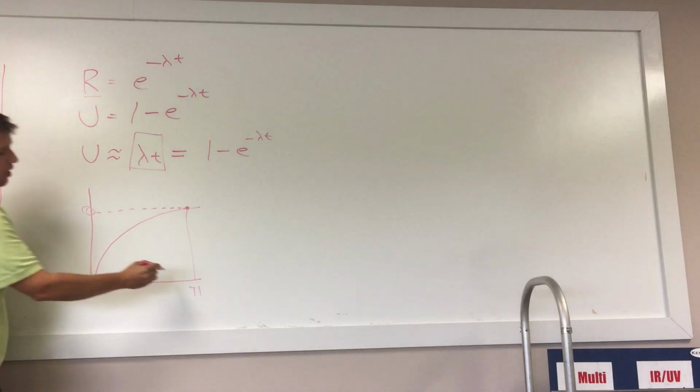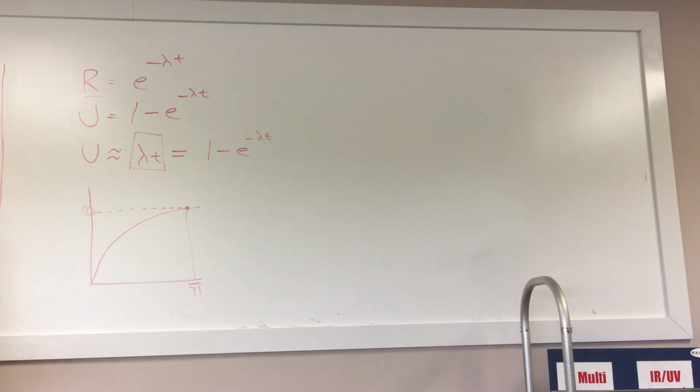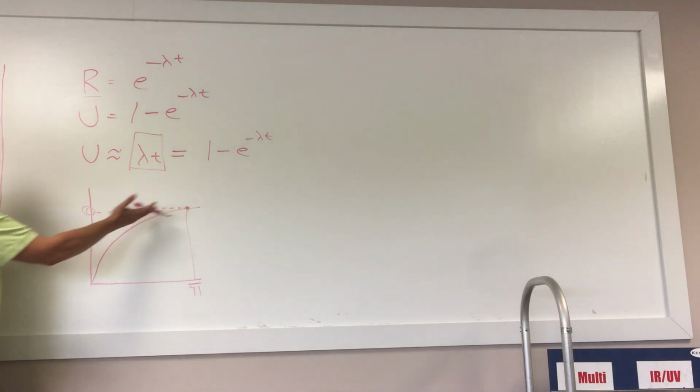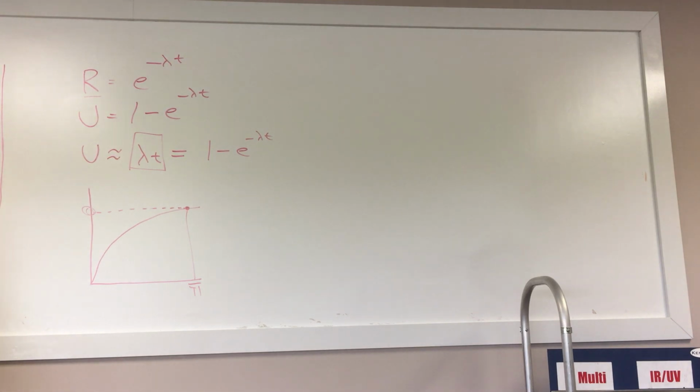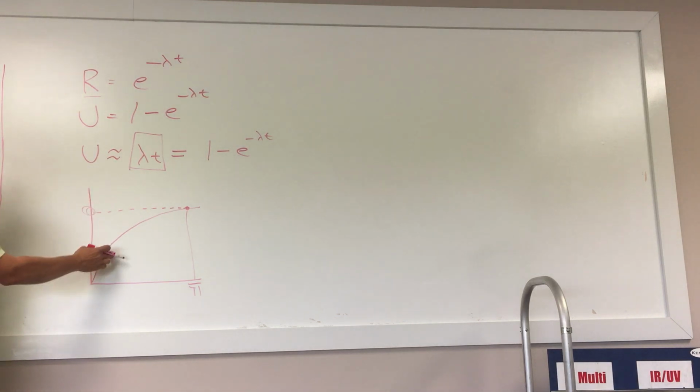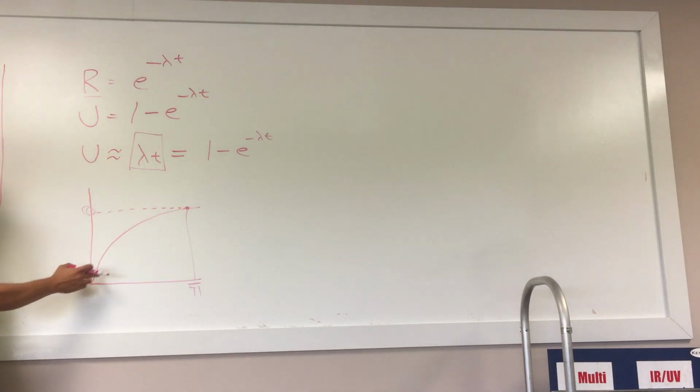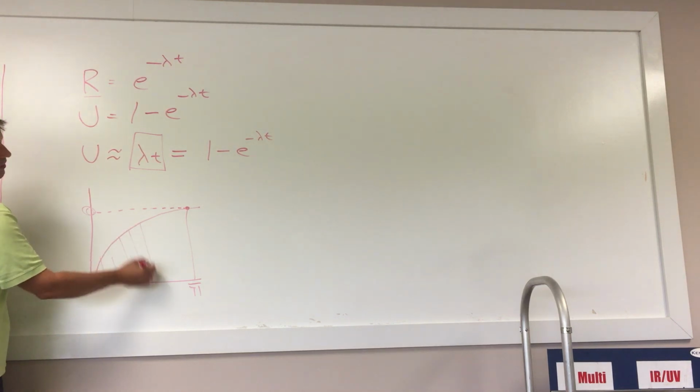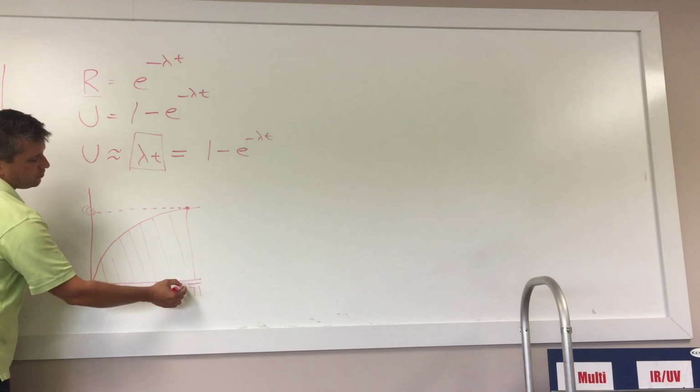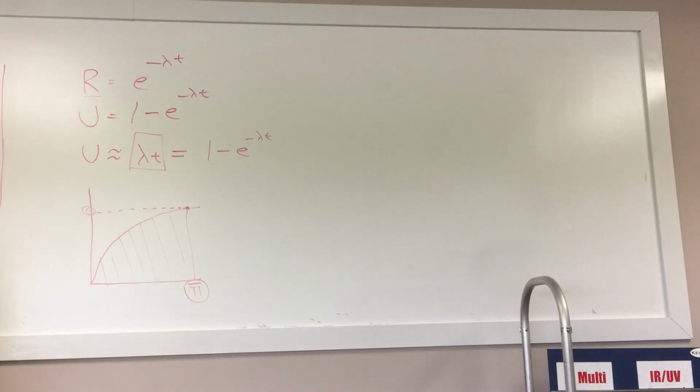I want to know what the average unreliability is over this entire duration. So in order to figure that out, we're going to have to do a little bit of calculus. If I want to know the average, then I need to calculate the area under this curve, and I need to divide it by the total duration, the total time.